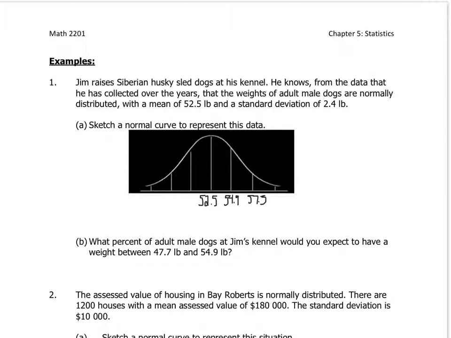And then if you add another 2.4 to that, you get 59.7. To go on the left side of the mean, you just subtract the standard deviation. So 52.5 subtract 2.4 is 50.1. Then subtract another 2.4, we have 47.7. And then subtract another 2.4, you get 45.3.